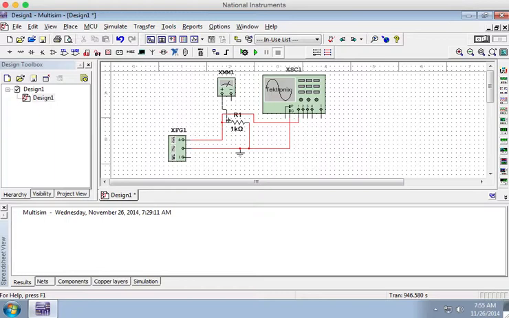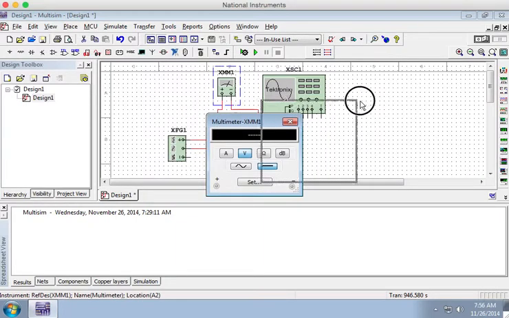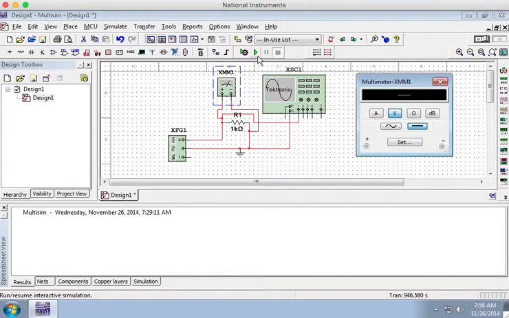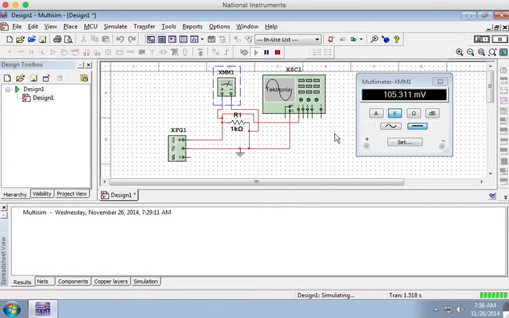And as I connect that meter to that side, you will see that we can get some interesting information here. And so if I just run this, you'll see that we can pick up our voltage.